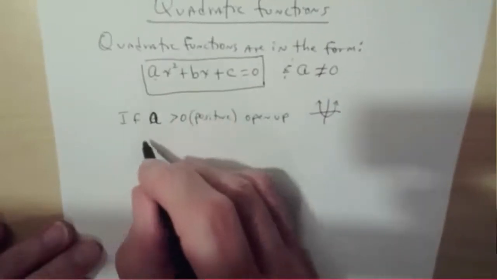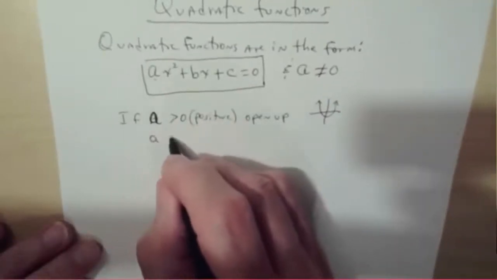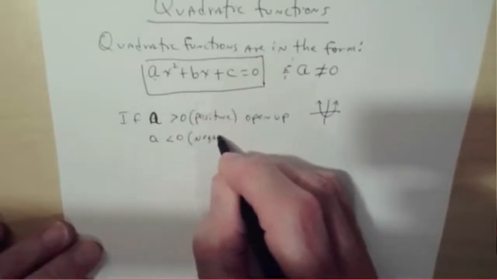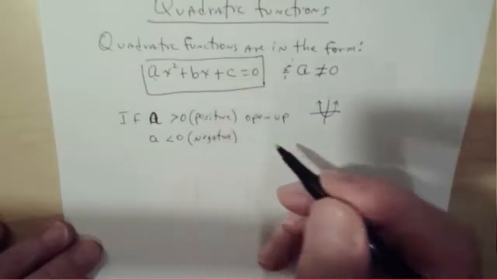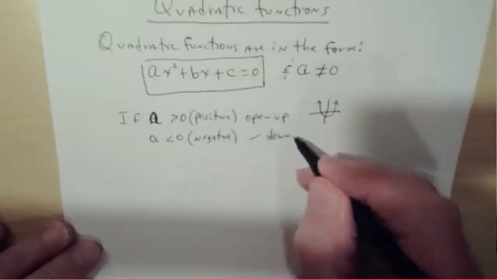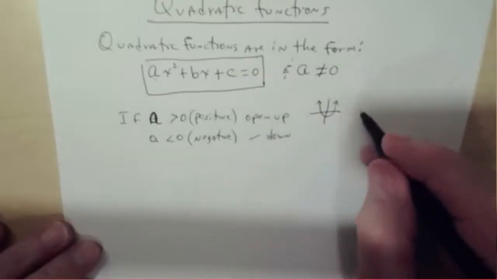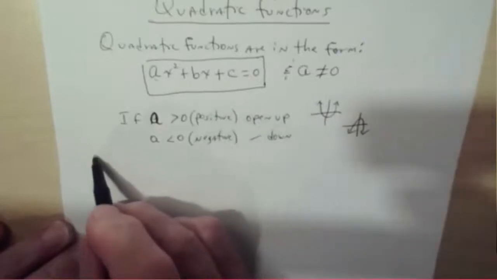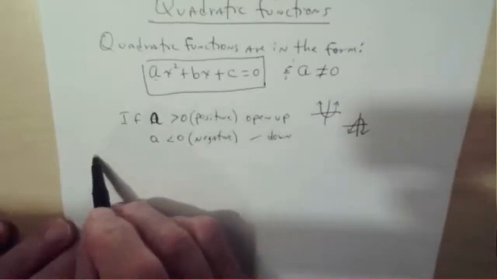And if a is less than 0, in other words, negative, it will open downward. Okay?